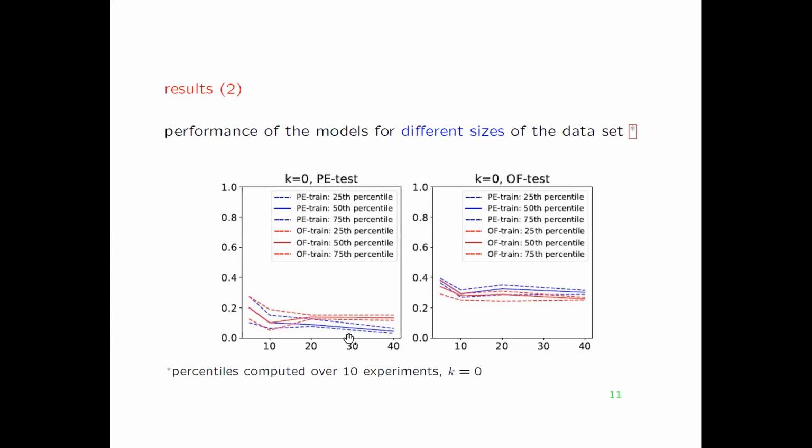Blue here is the prediction error model. And on the other side, we have more or less the same behavior. In this case, we use the conformal observed fuzziness criterion to test the models. We see that the model that is trained to optimize the observed fuzziness is actually going better as the size of the training set increases, and you see that the red, the observed fuzziness model, is going down.